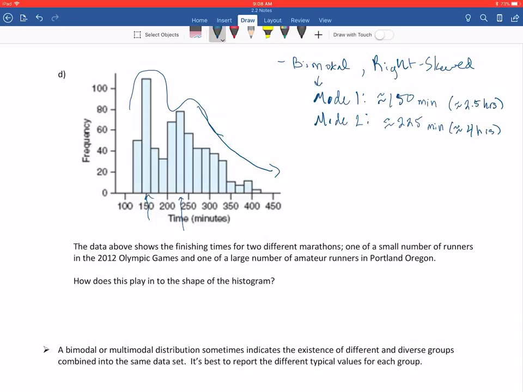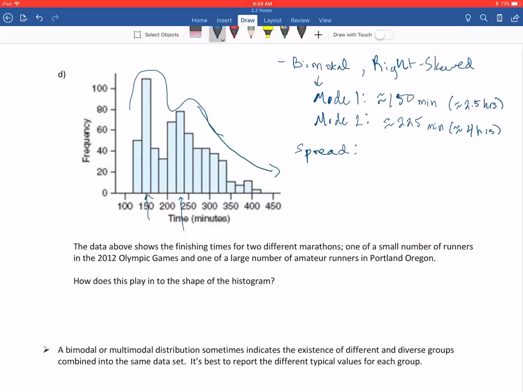So we've talked about the shape, we've talked about the typical values, the spread. I need to bring some context into this because, again, I've got numbers from a little over 100 to a little over 400, which may not seem super far apart in general. But if I read below what this is talking about, it's finishing times for marathons.